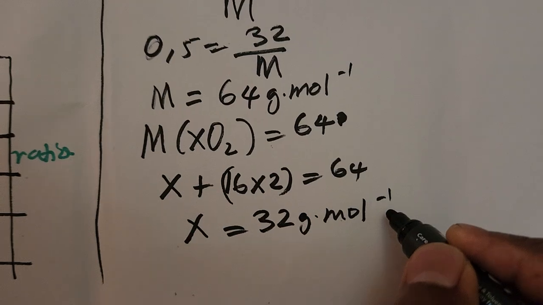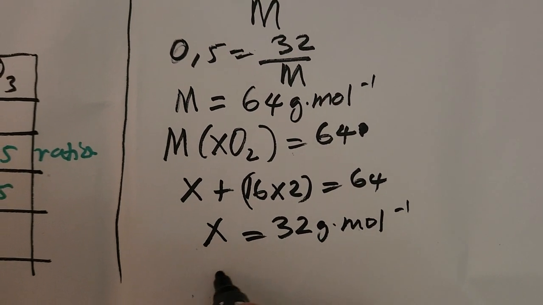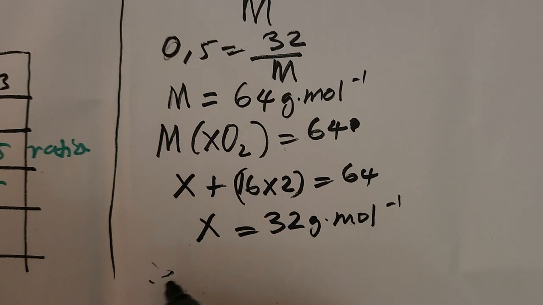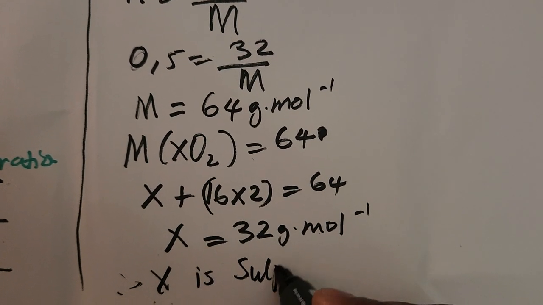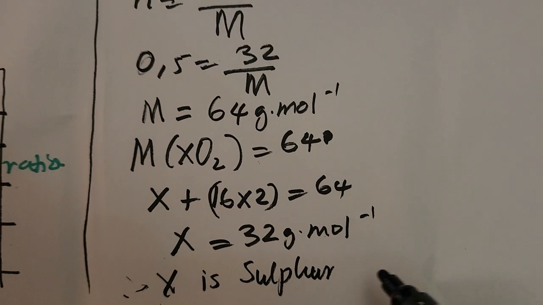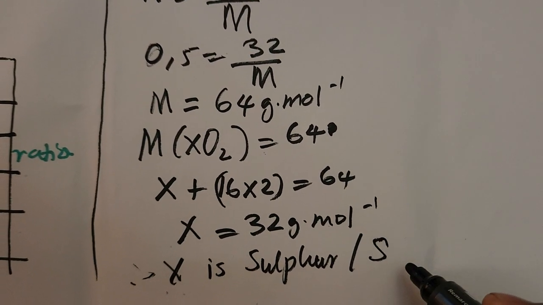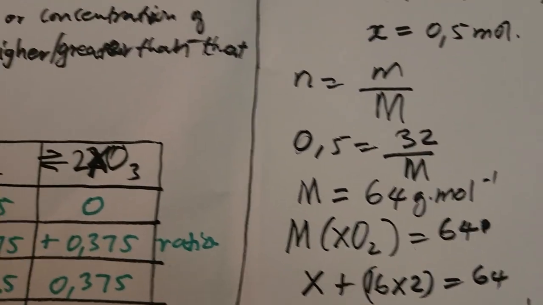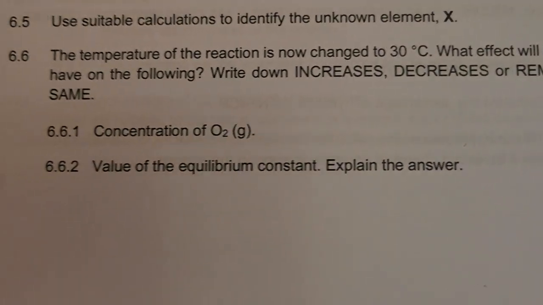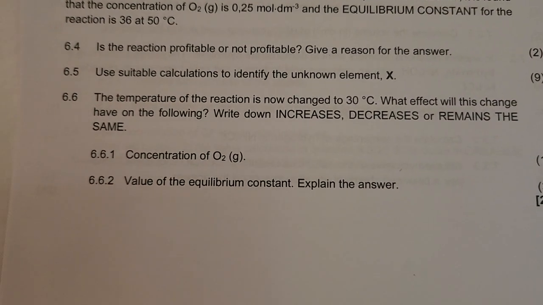Then I can conclude, which element has 32 in the periodic table? Therefore X is sulfur, or you can just write S, capital letter S. That will give you the 9 marks. We have identified element X.